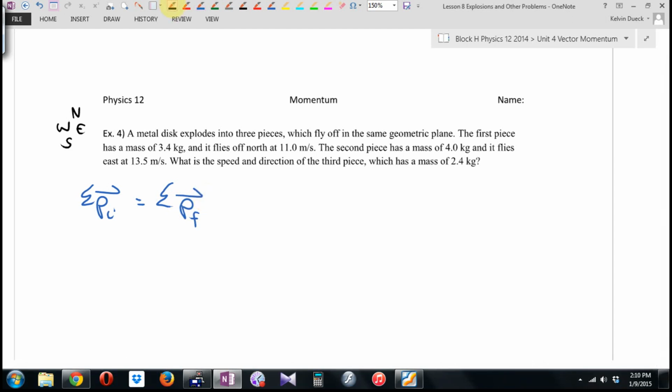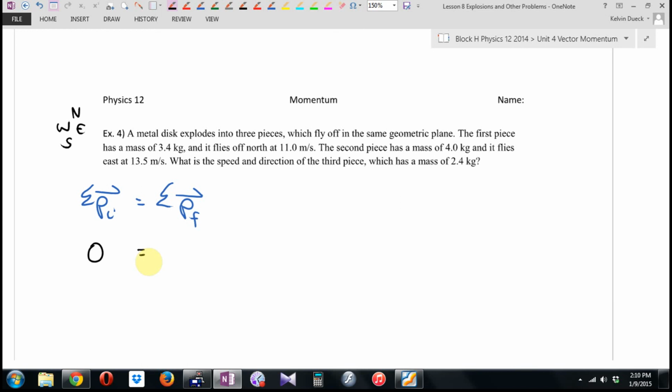Before the explosion, what's moving? Mass 1, mass 2, mass 3? It's a trick question. Boom! They explode. After the explosion, what's moving? Mass 1, mass 2, mass 3, all or none?